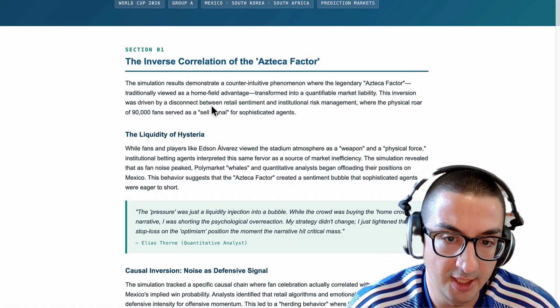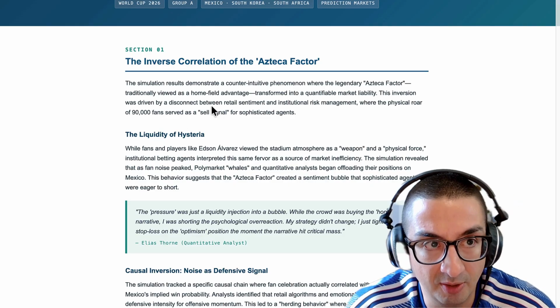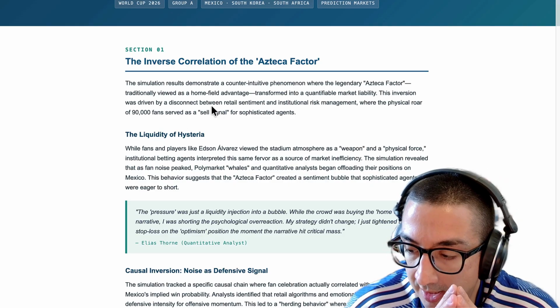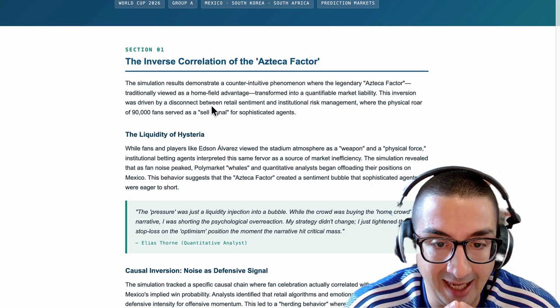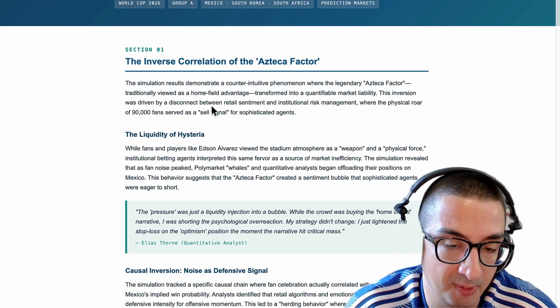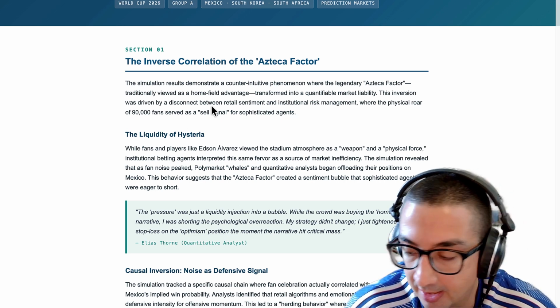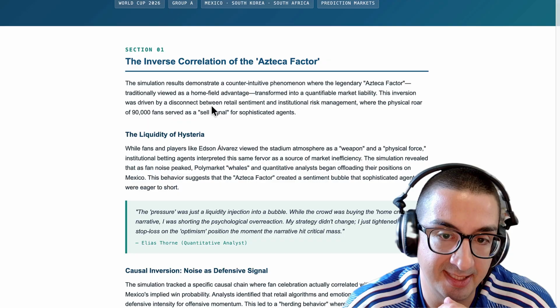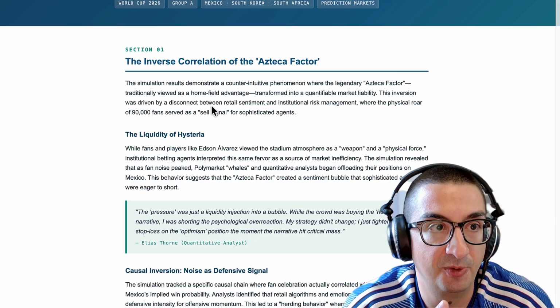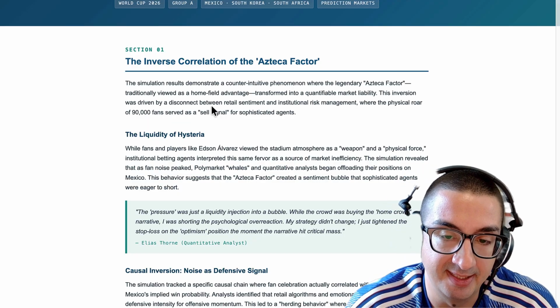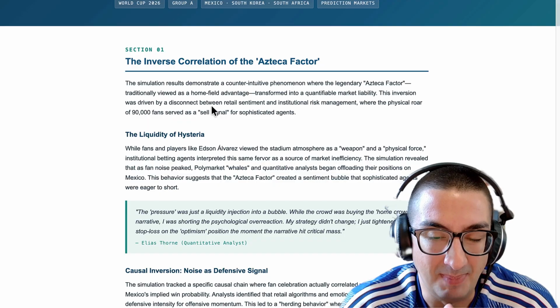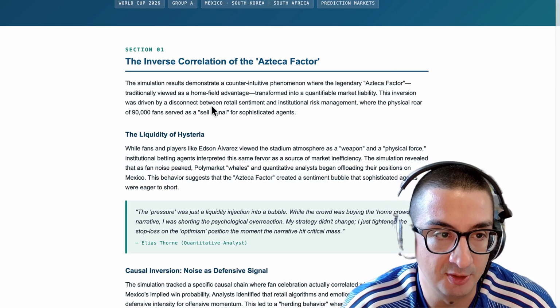And yeah, so basically it's saying that Mexico is not the favored team to win the group. Even though it didn't mention Czech Republic and South Korea as possible winners of the group, I think the conclusion that we can draw from this analysis is that South Korea might be the winner of this group.